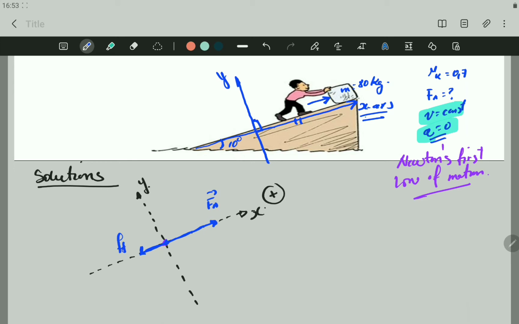This is the frictional force acting there. There is a normal force. Remember, the normal force is perpendicular to the surface. And then the weight. The weight is always straight down towards the center of the earth. So this one is the weight of the object.